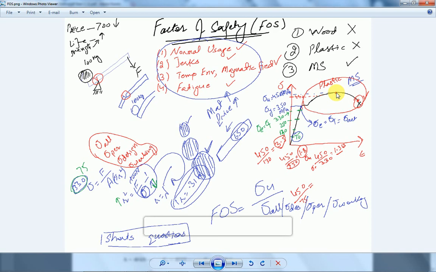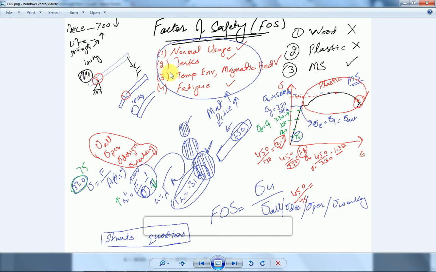It is the maximum point or highest point after which the body will surely collapse or break down. So as far as we go from this ultimate point, the body will surely be safest. We tried to keep our allowable or permissible point here, and we were very close to the yield point and we were not safe, so we used some more factor of safety. We go beyond this point.